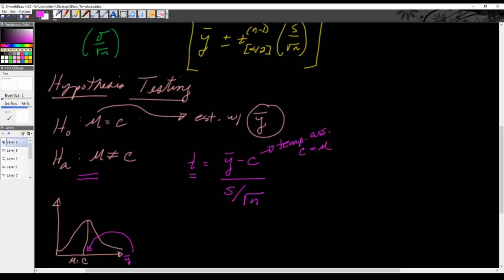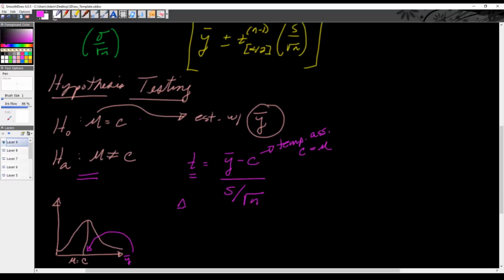All right, let's review what a type 1 error is and a type 2 error, and then we'll move on to examples. A type 1 error is committed when we reject the null hypothesis when it is in fact true.